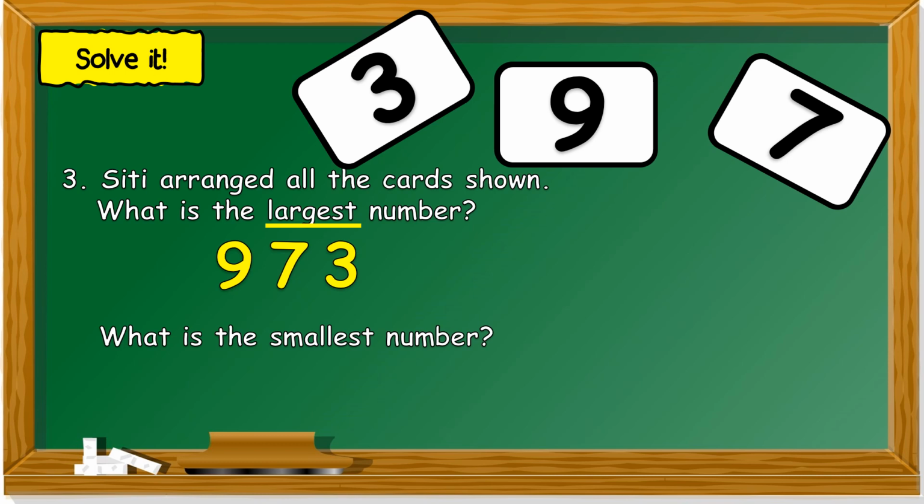How about what is the smallest number? Smallest number here, you need to put the smallest number in front, which is 3, followed by 7. And then lastly, 9.